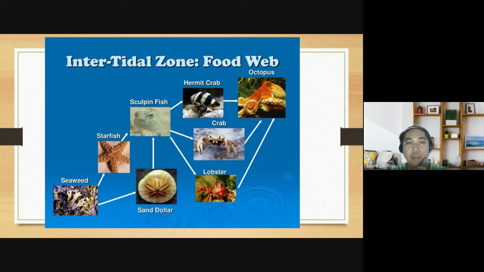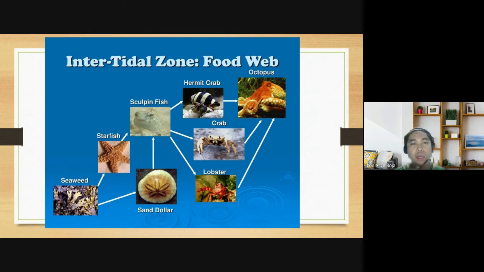Kinakain siya ng hermit crab, ng crab at saka lobster. So, salungat na ito. Kumbaga, lahat ay nakikinabang or nangangailangan ng pagkain. May mga herbivores, may mga carnivorous organism na nagdedepende sa ibang mga organism para mabuhay.